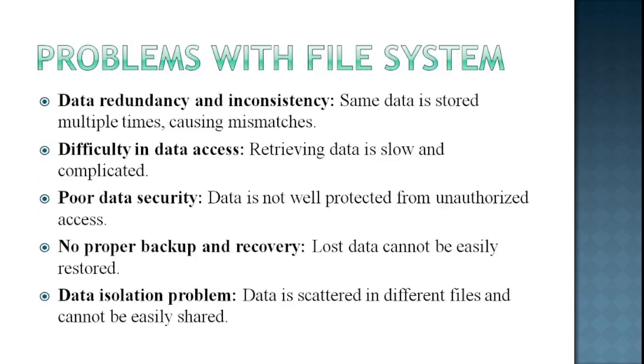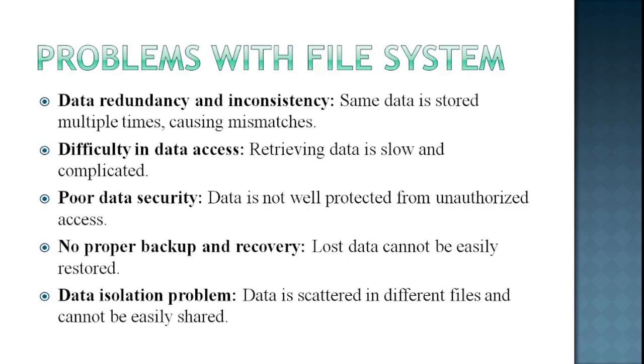Now see, what are the problems with the file system? We can use the file system too. So what are the problems? First problem is data redundancy and inconsistency. The same data is stored multiple times, causing mismatches.